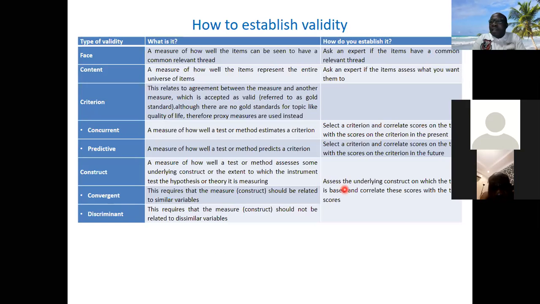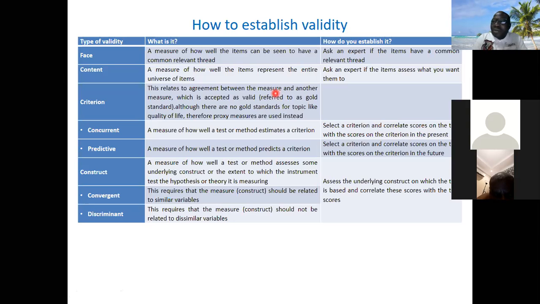So the second one is content validity. It's a measure of how well the items represent the entire universe of the item. They are related, but it's a little bit different from face validity. Face just looks at whether these items are pointing towards the same thing, or whether there are some that are not.